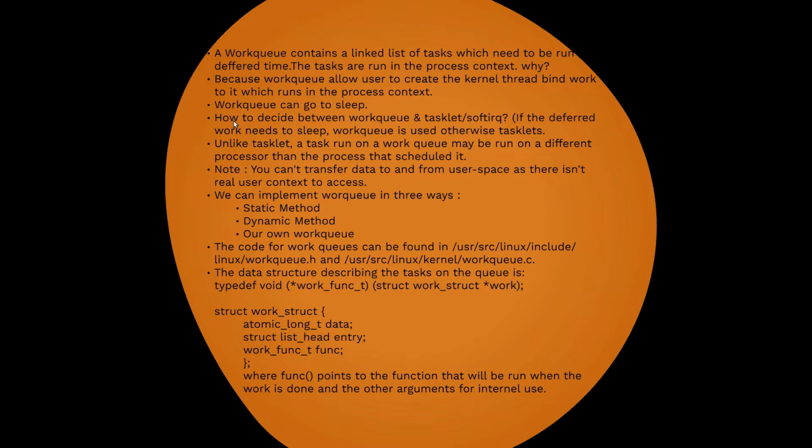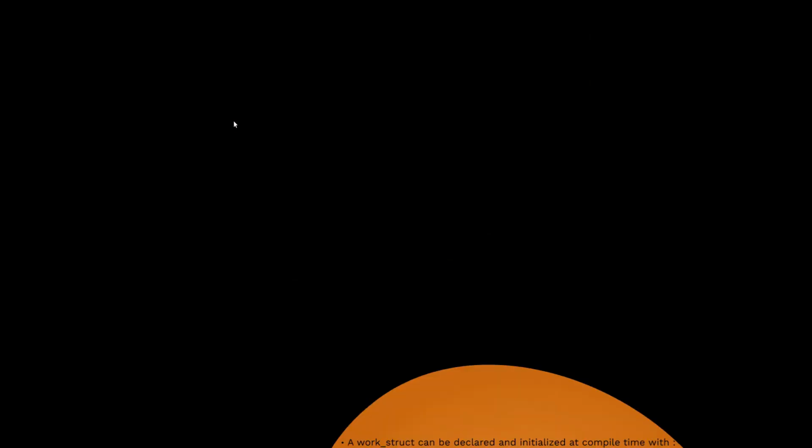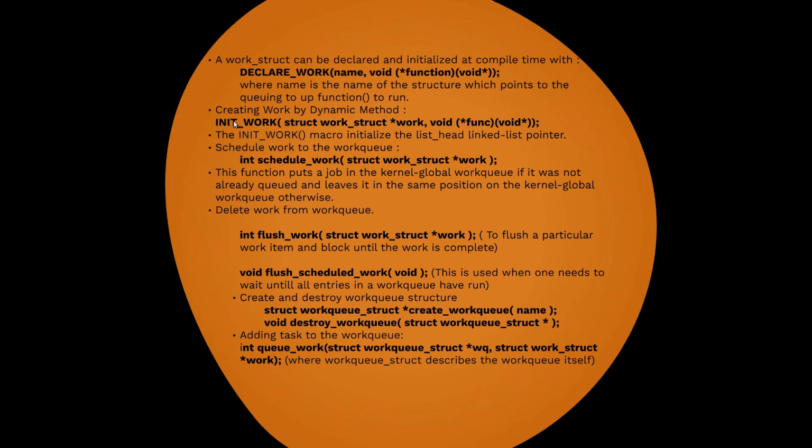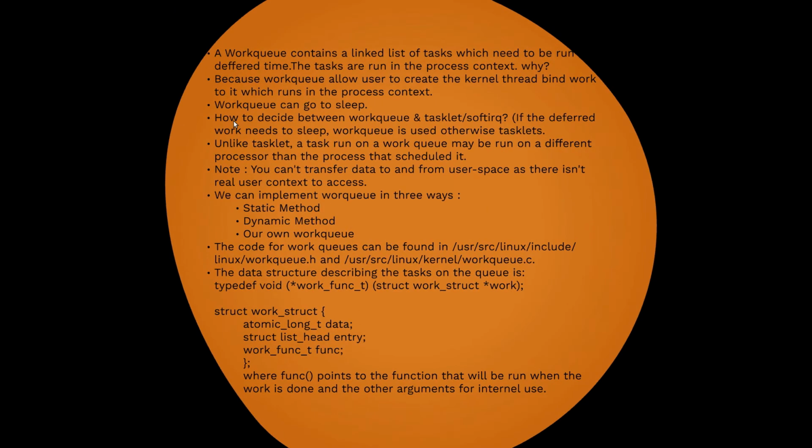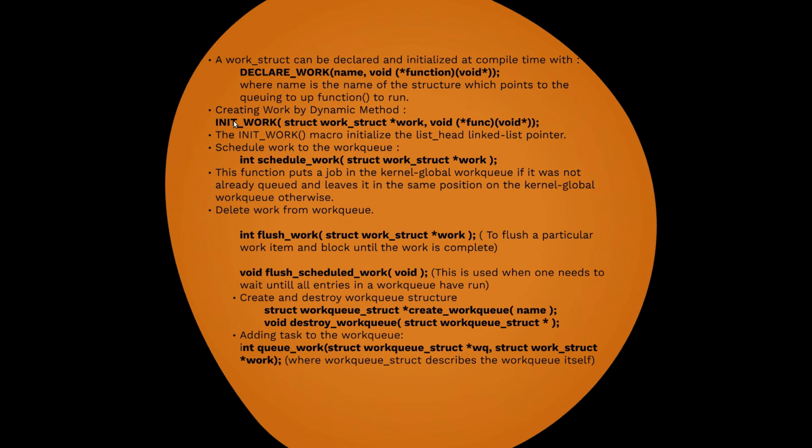Basically, in a work queue, if we need to do more work in an interrupt handler, then we will go to the work queue function and execute our work. A work structure can be declared and initialized at compile time with DECLARE_WORK.